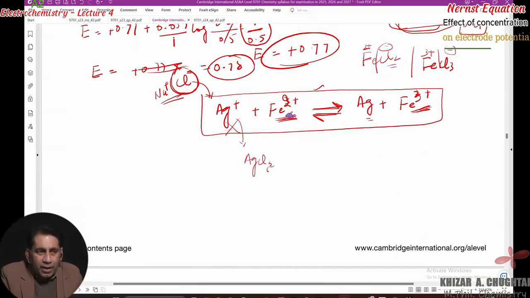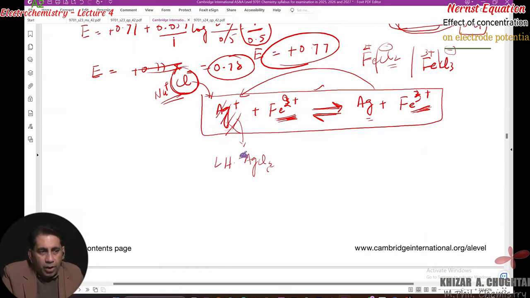So they will remain unchanged. There will be no change in concentration because of the solubility of the species. But the concentration of Ag positive ion will be disturbed because of the addition of Cl negative ion. So overall, what will happen? There will be a deficiency of Ag positive ion. The equilibrium mixture will start to move towards the left hand side.